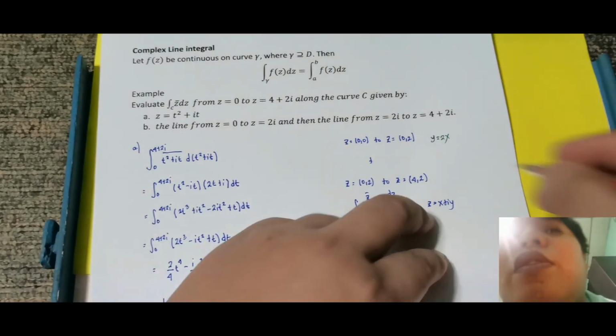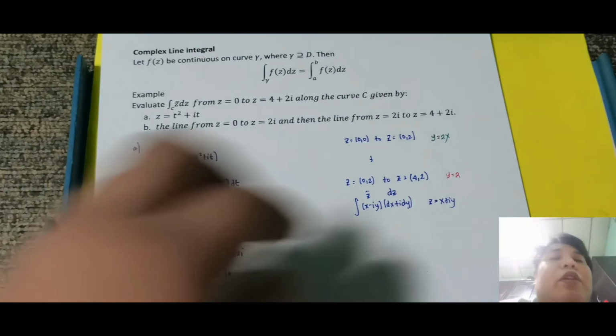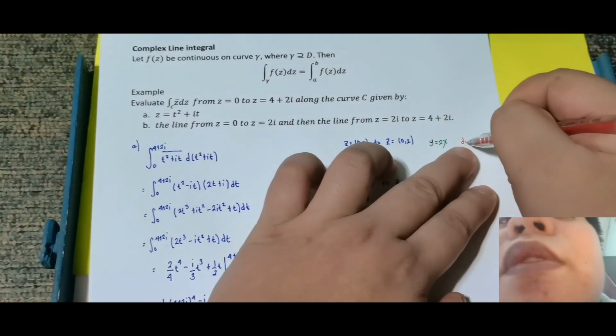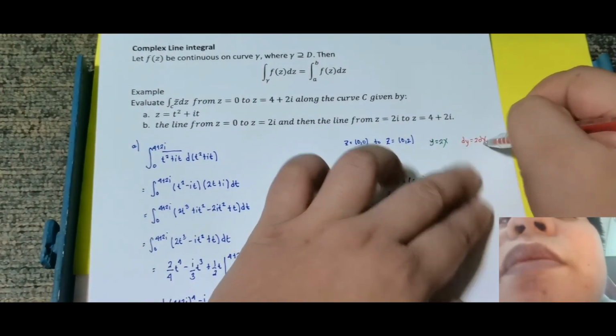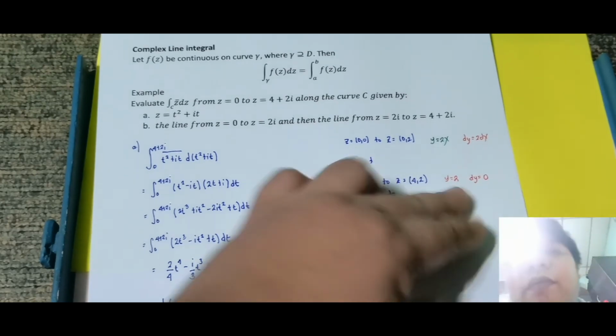So y is equal to 2. So dito naman y is equal to 2. Okay, yan yung dalawang equation. So yung dx, siyempre dy is equal to 2 dx. Dito naman dy is equal to 0.